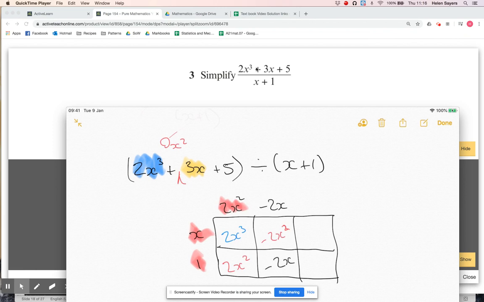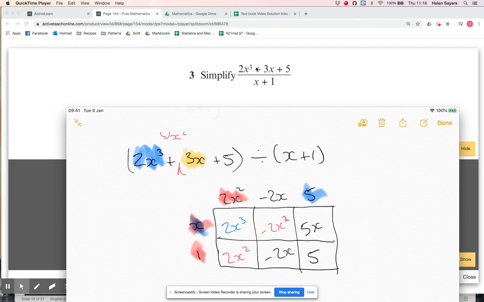To make it equal positive 3x, I need to add 5x. And if that's supposed to be 5x, then that would have to be 5, so that x times 5 gives me the 5x. And if that is 5, then that's 1 times 5. Okay, so then you can do a quick check if you want to, that you have got the cubic.